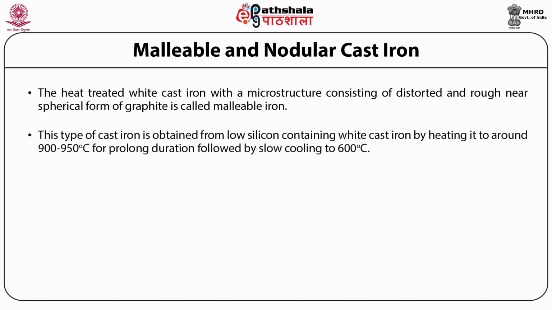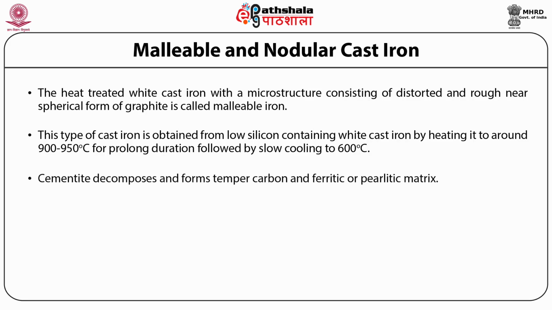This type of cast iron is obtained from low silicon containing white cast iron by heating it to around 900 to 950 degrees Celsius for a prolonged duration, followed by slow cooling to 600 degrees Celsius.